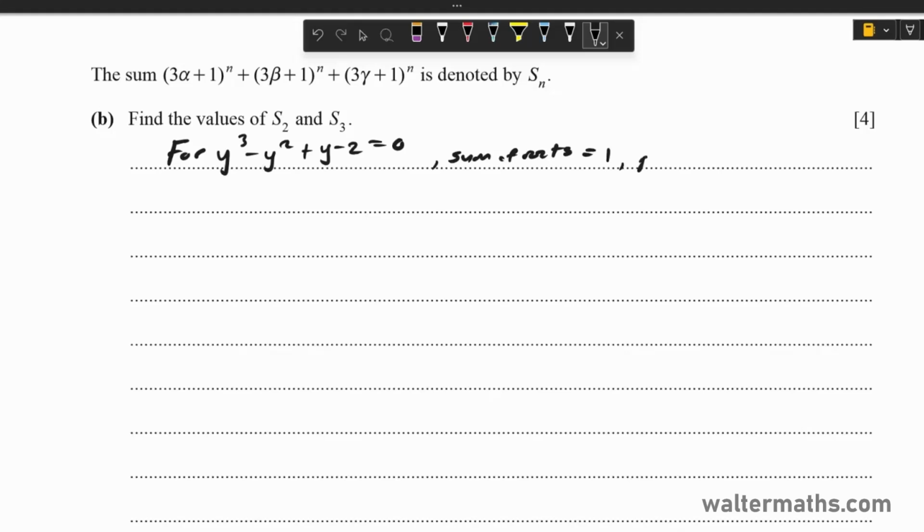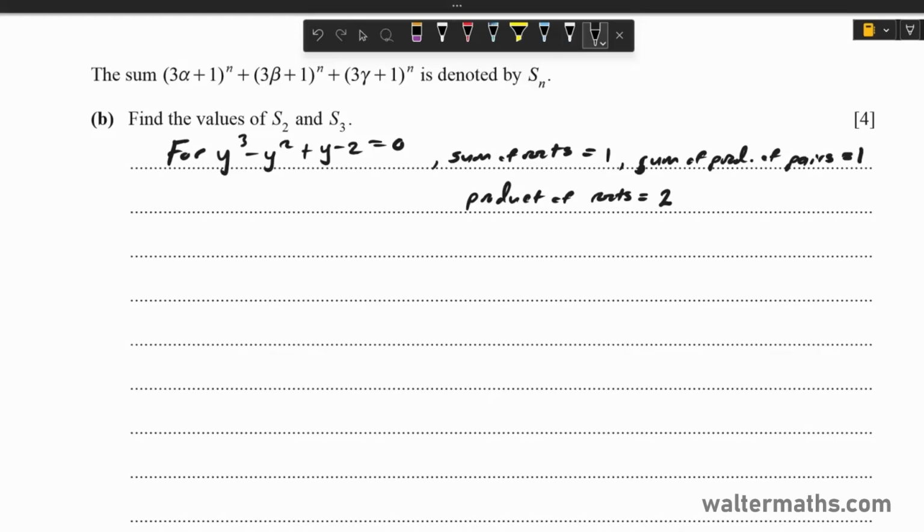And the sum of product of pairs, we know that it's actually c over a, which is 1 over 1, so it's equal to 1. And the product of roots is actually minus d over a, which is actually 2. So these are the important elements of this equation, which has the roots 3 alpha plus 1, 3 beta plus 1, and 3 gamma plus 1, right?